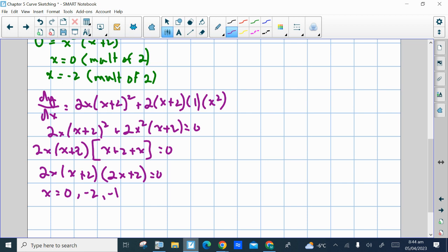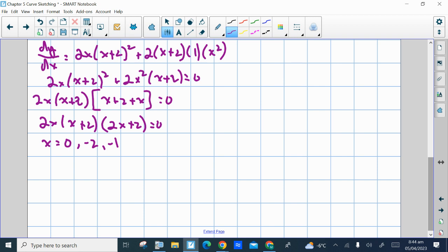Those are the critical numbers. Which, again, gives us our number line divided into 4 intervals by those 3 critical numbers.